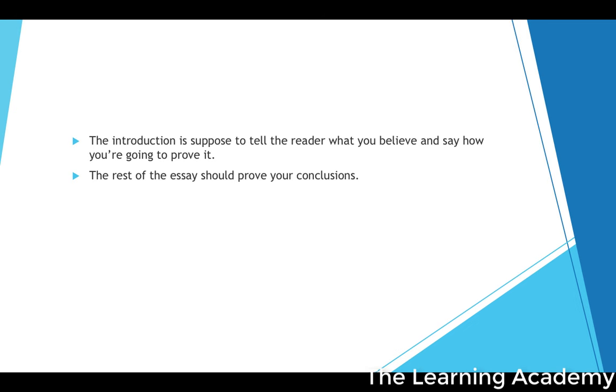You should suggest that there are arguments on one side, arguments on the other side. However, it's most convincing to argue that the Battle of Gettysburg was the most decisive. Or if you want to argue the other way, that it wasn't the most decisive.